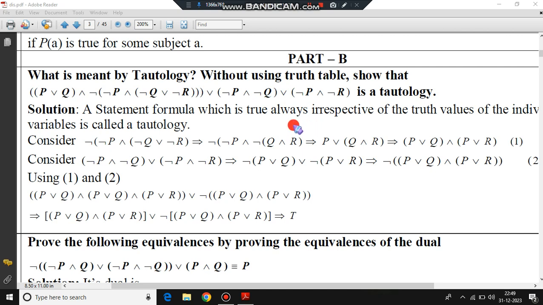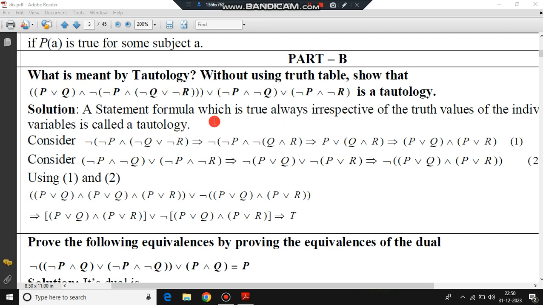Take for example this big formula: whatever may be the truth combinations of P and Q, the final truth table will give you all true values, and therefore this statement formula is called a tautology.